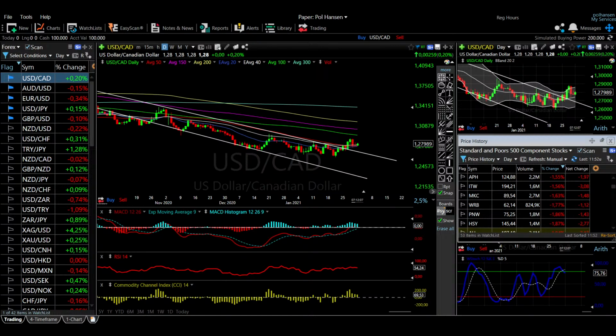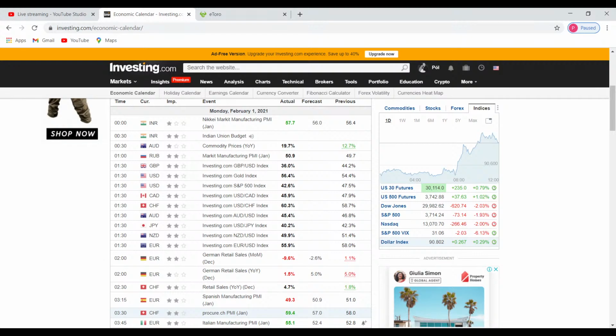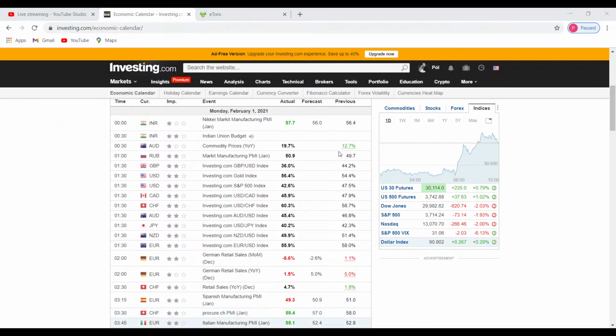So I use investing.com every single day, and I go and look at the calendar.